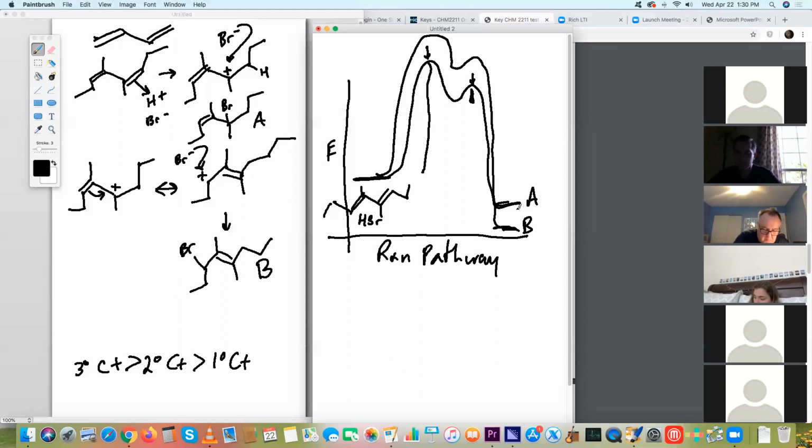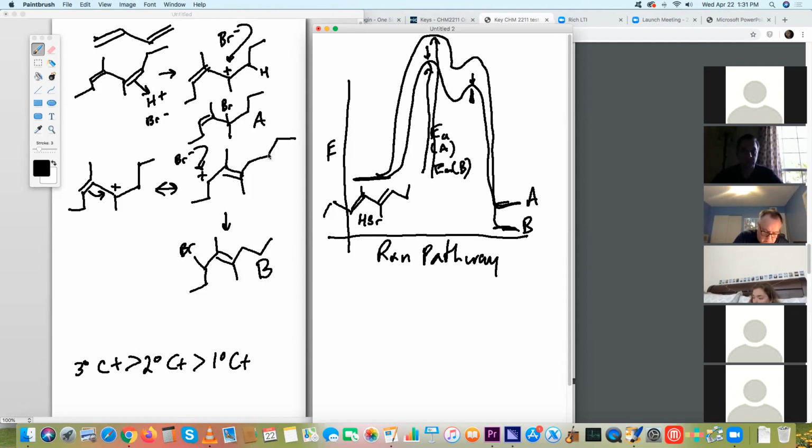So the product of A is higher energy than the product of B, but you'll notice that the activation energy, and that's for A, is lower than the activation energy for B. All right, so let's talk about why that is.